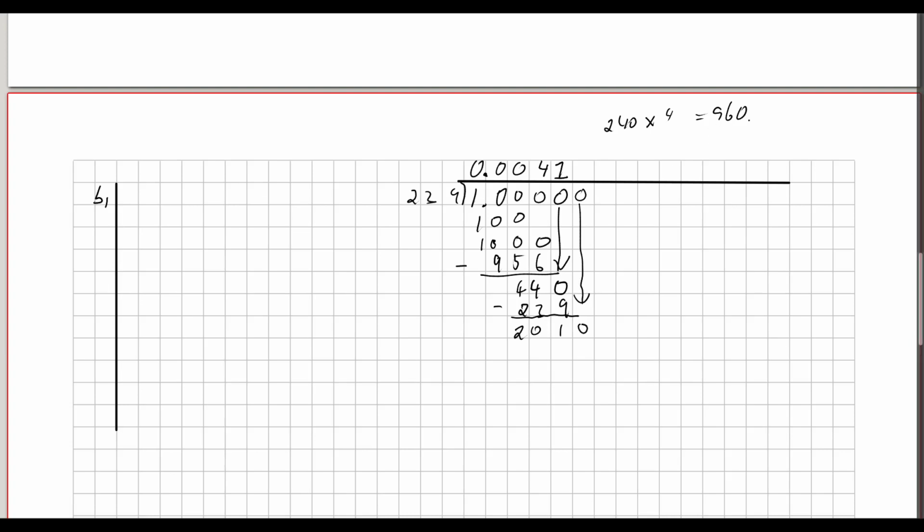Now we can just times 960 by 2, that is equal to 1920. Take away the 8, so that's 1912. Yeah, 1912.